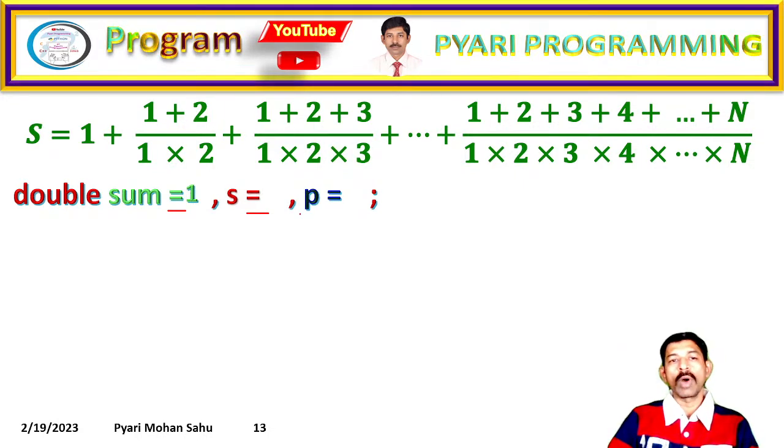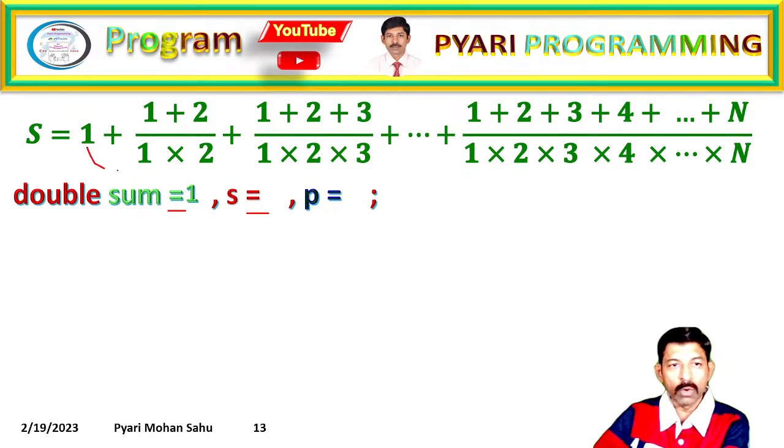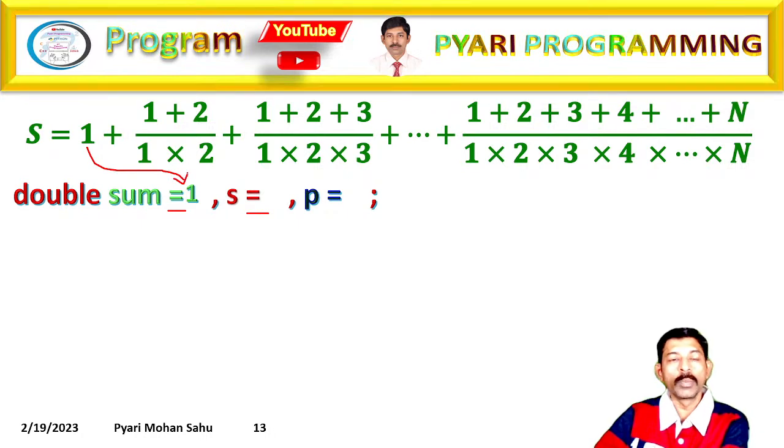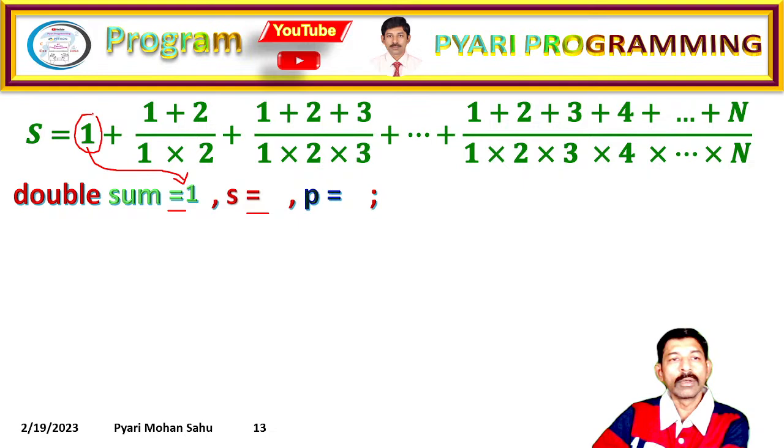So sum is your 1. Initially this sum, I am putting it 1 over here. Otherwise normally it should be 0, but here 1 is explicitly added. So that's why initial value of sum is your 1. Now what should be this value and what should be this value?